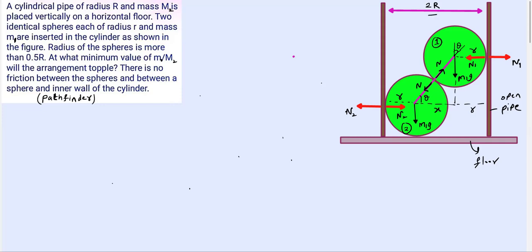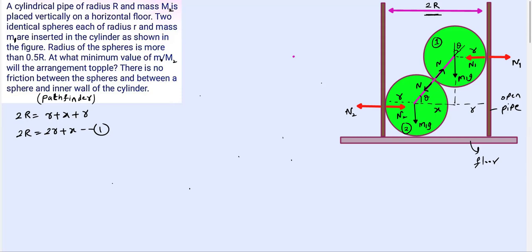So what is the total? This length 2r should be equal, from the data, to r plus x plus r, or 2r equals 2r plus x. Keep this as equation 1. But at what point can it topple?